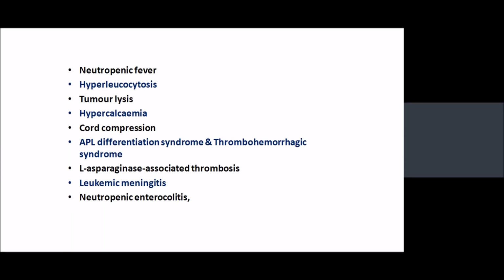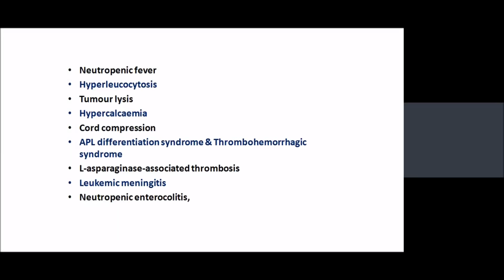Then hypercalcemia. Hypercalcemia, anyone knows in hematological malignancies, any malignancy you can have hypercalcemia, but anything that comes to your mind? Multiple myeloma, excellent, yeah. So multiple myeloma can come with hypercalcemia, and then there are some other lymphoid malignancies, adult T lymphocytic leukemias, ATLL.